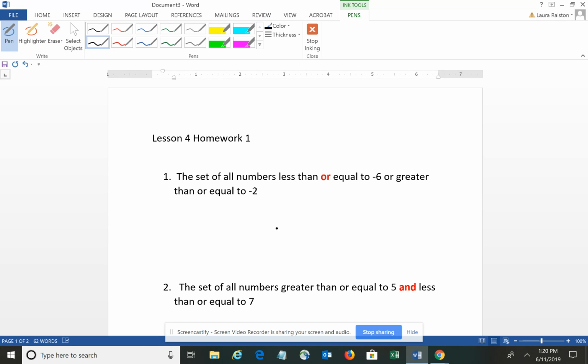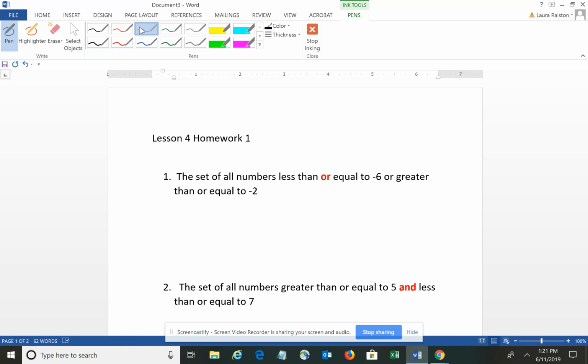So the first question says the set of all numbers less than or equal to -6 or greater than or equal to -2. And so they want you to show this particular expression on the number line. It may help you, first of all, to think about what the words mean.